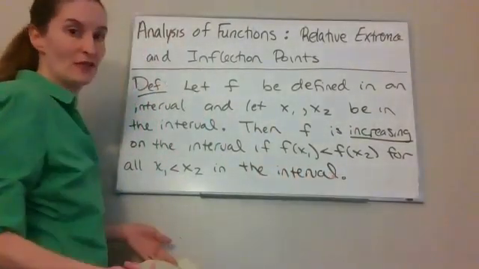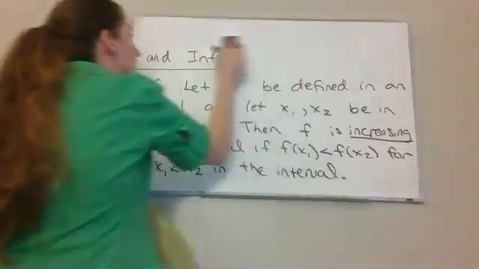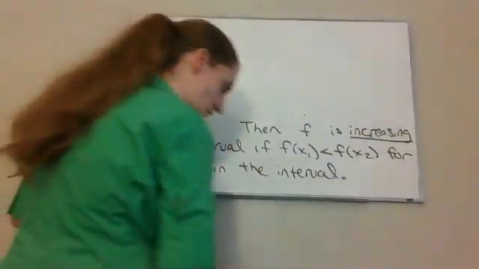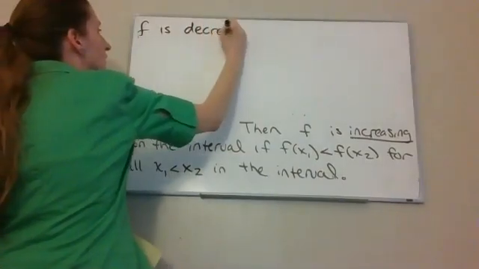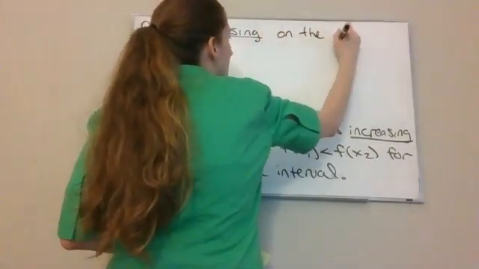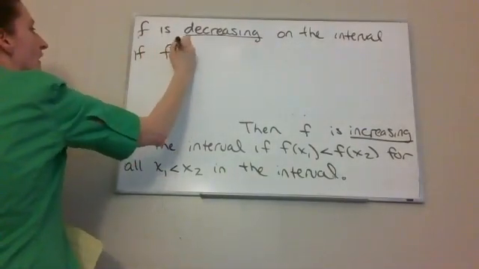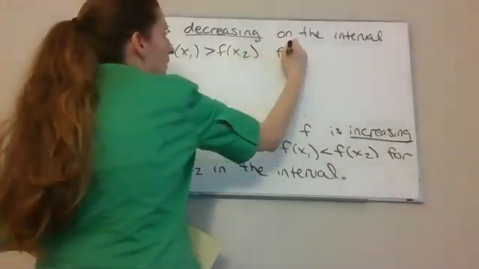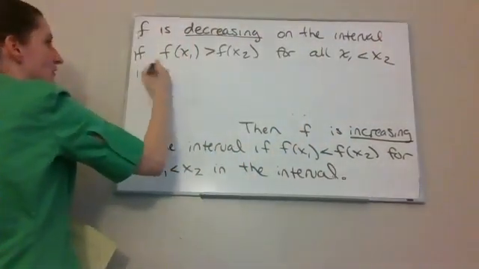And we have a similar definition for the function being decreasing. We say f is decreasing on the interval if f of x1 is greater than f of x2 for all x1 less than x2 in the interval.